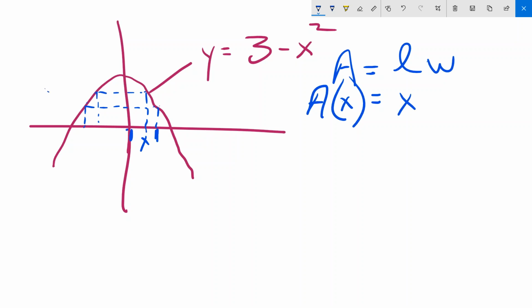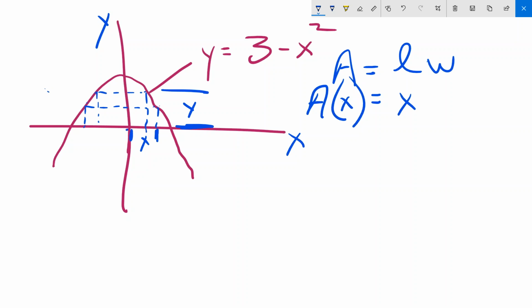And the width being this measurement. What is that? Okay. In terms of x and y, what is that? That is y. Okay. Just in terms of x and y, yeah.